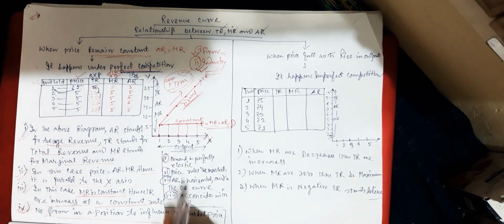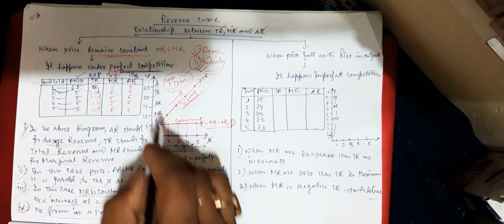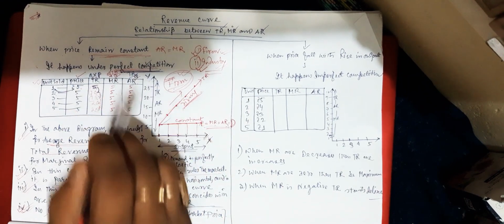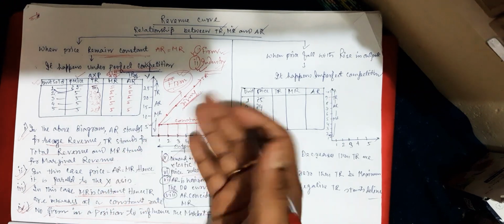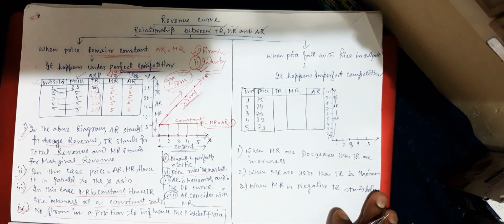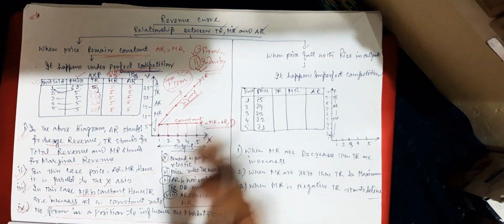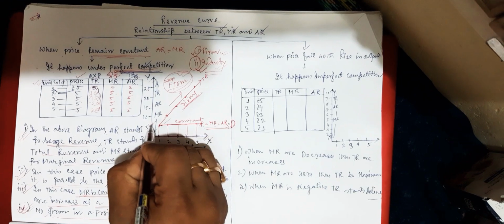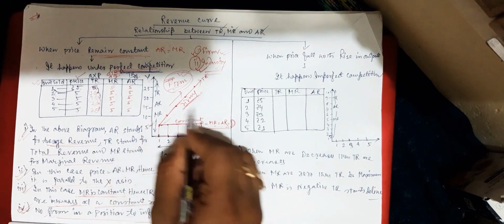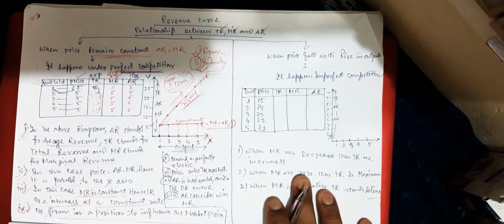Okay, price rules the markets. In perfect competition markets, only price will determine how much demand there will be in the market, whether the demand will increase or decrease. A single increase in the price, and the demand will be zero under these markets.